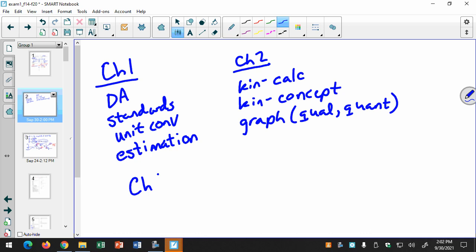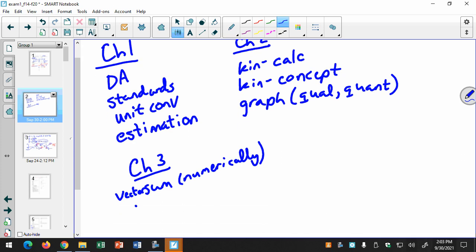And then for chapter 3, you'll have 4 or 5 questions. One will be doing the vector sum numerically. We'll do one like that today, where I give you 2 vectors and I ask you what is the magnitude and or direction of the sum. And then you'll have to do a graphical sum.